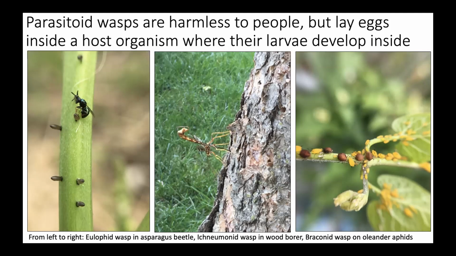People send these to me all the time because it looks like they have this long, weird hair-type stinger. And what it does is it can locate the larva of a wood-boring beetle under the bark, and it uses that ovipositor and drills it into the bark, into that larva, and lays an egg. And so these are essentially good bugs.